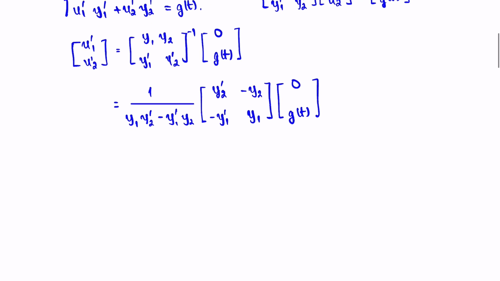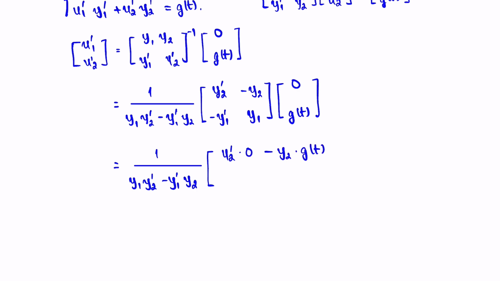Then you use matrix multiplication for these two matrices, and you get 1 over y1 y2 prime minus y1 prime times y2, times a new matrix, that is y2 prime times 0 minus y2 times g of t for the first entry.